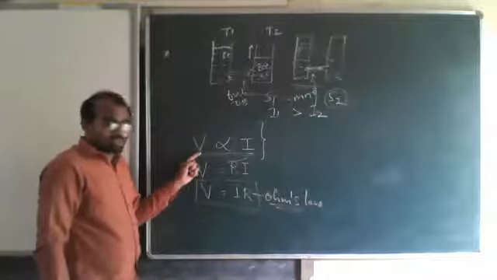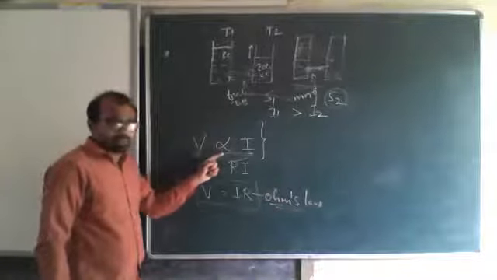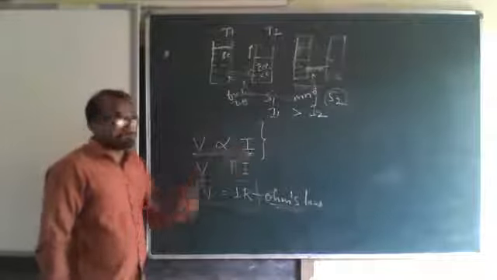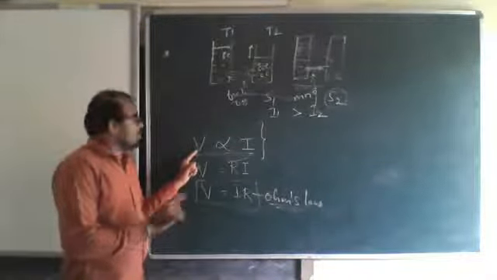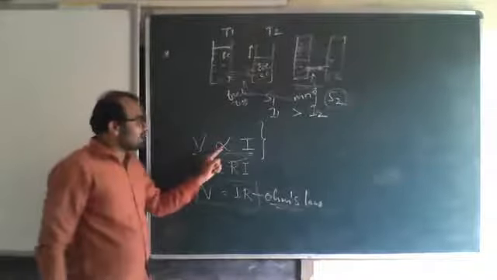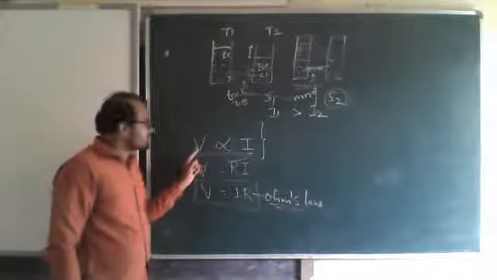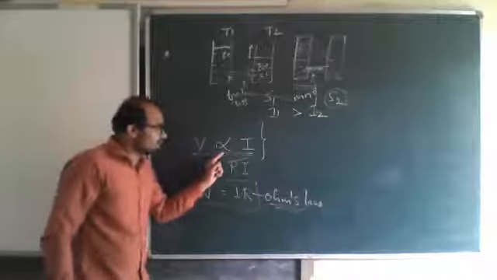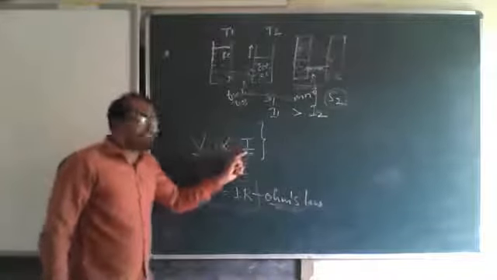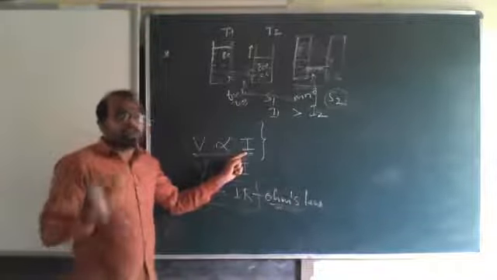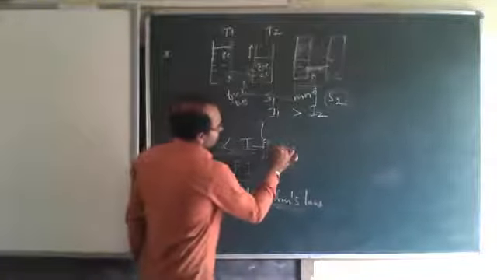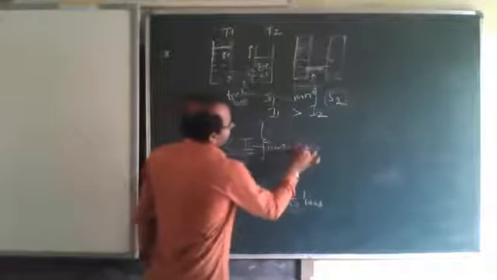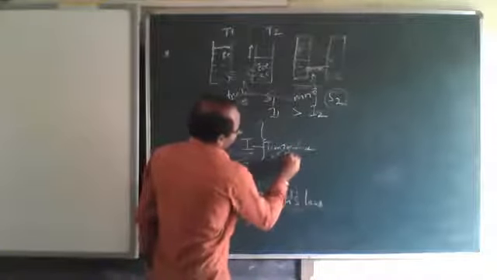This is the potential difference, this is the directly proportional symbol, and this is the current. The potential difference across the terminals of a conductor is directly proportional to the electric current flowing through it, provided its temperature remains constant. The temperature must be constant.